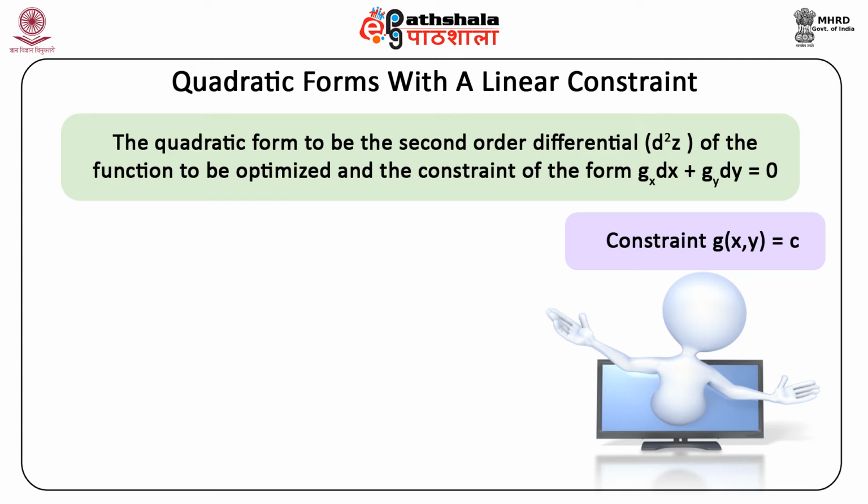The discriminant is the Hessian, and the border has 0 together with the first order partials of the constraint.